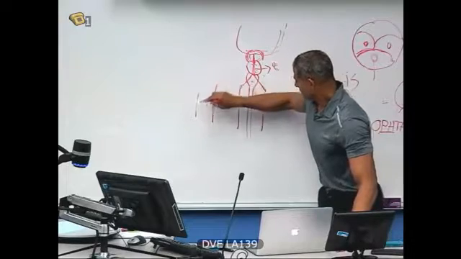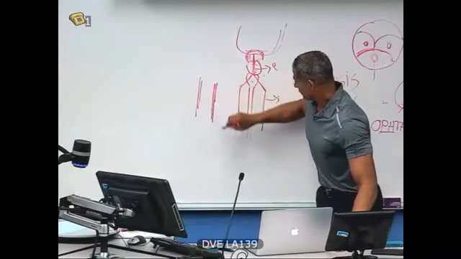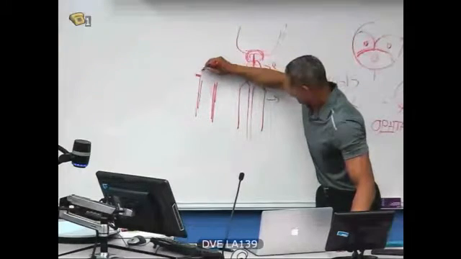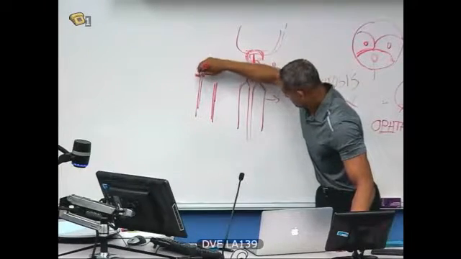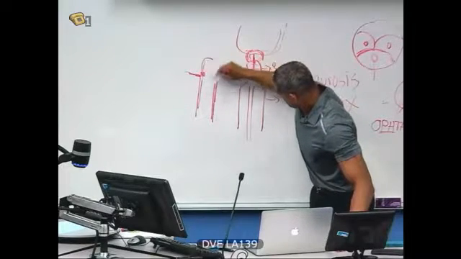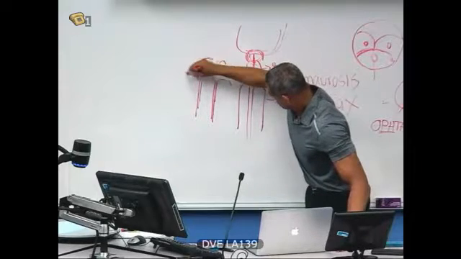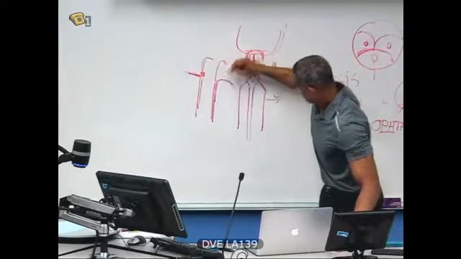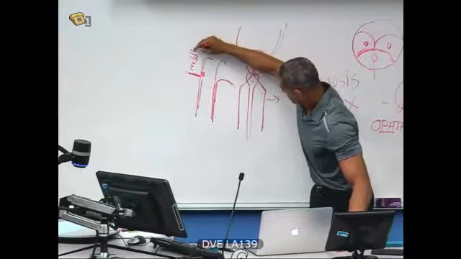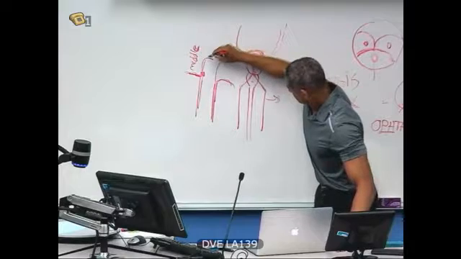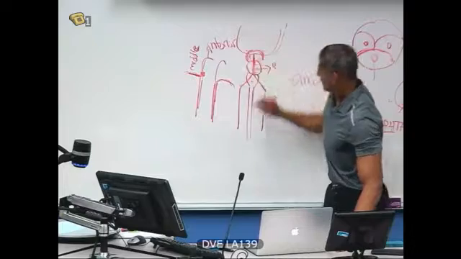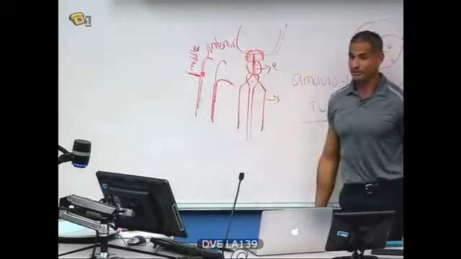Then the internal carotid goes up and gives off the middle and anterior cerebral arteries.